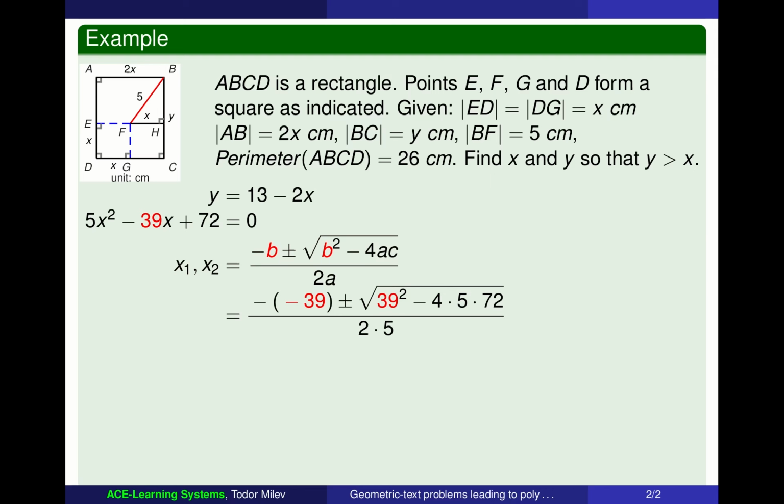All right. So the number b is equal to negative 39. Of course, when you square negative 39, it's the same as plus 39 squared. The number a is equal to 5. And the number c is equal to 72. Okay.